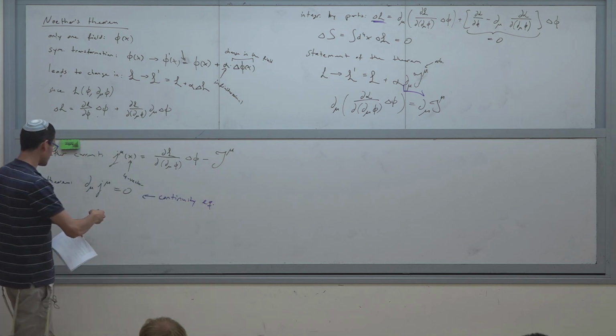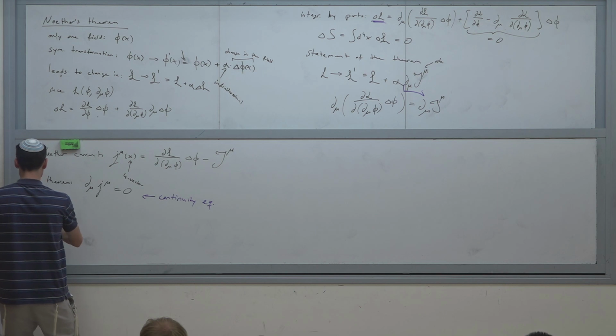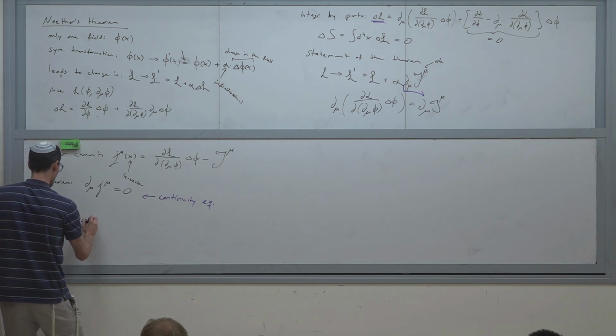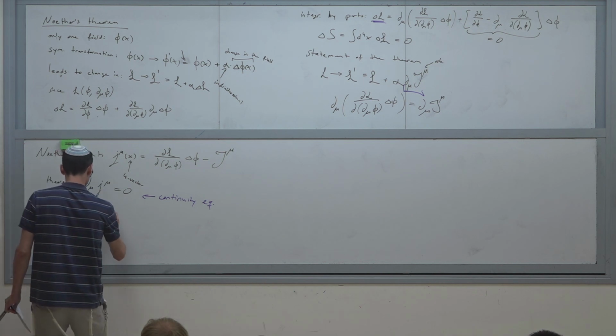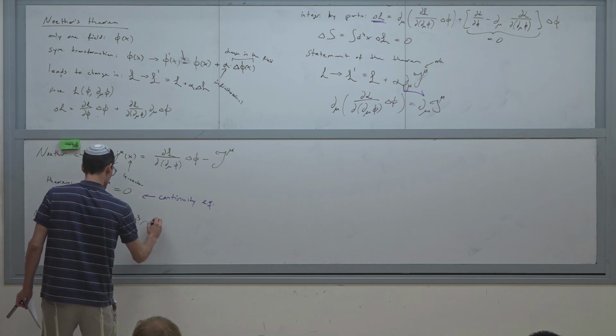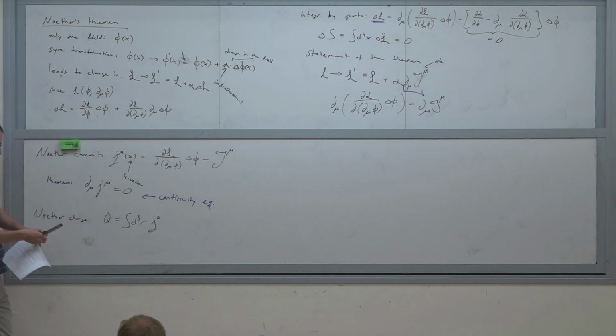Which means that the conserved charge, or the Noether charge, is the integral d3r over the 0 component of this current.